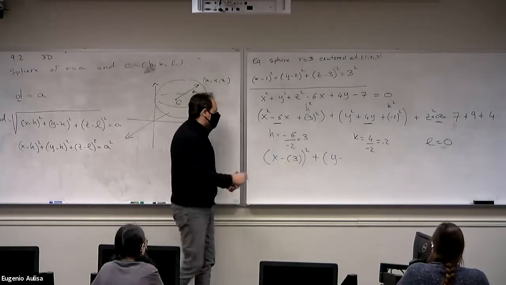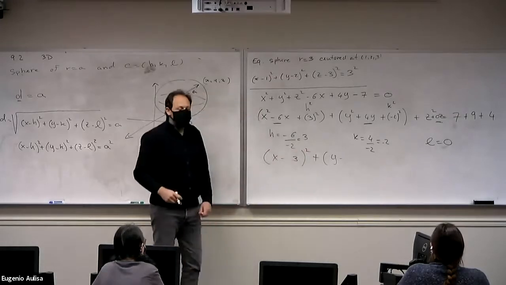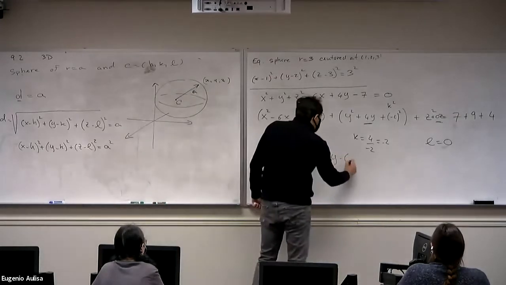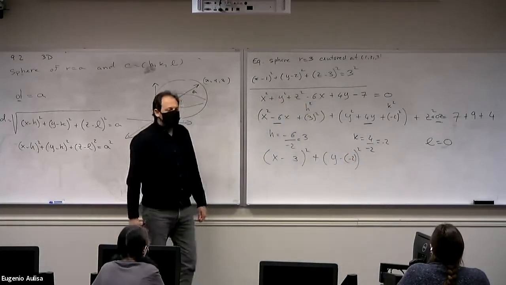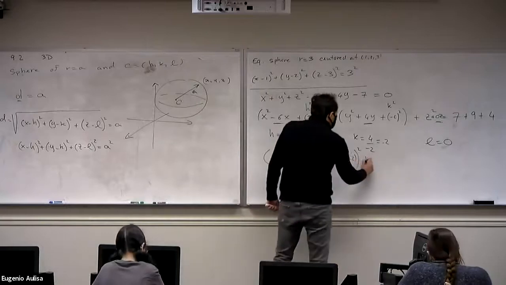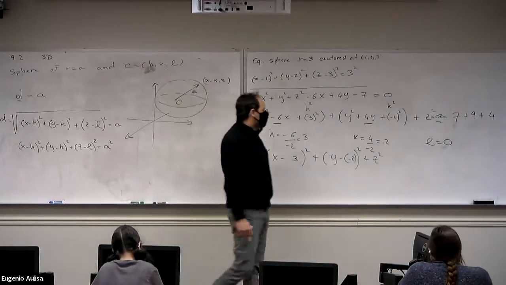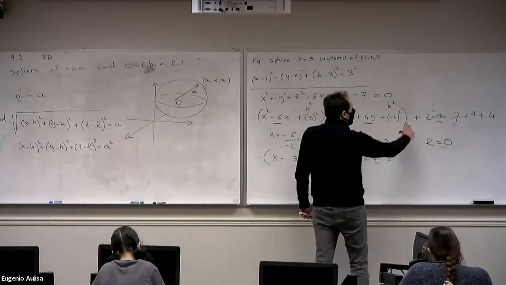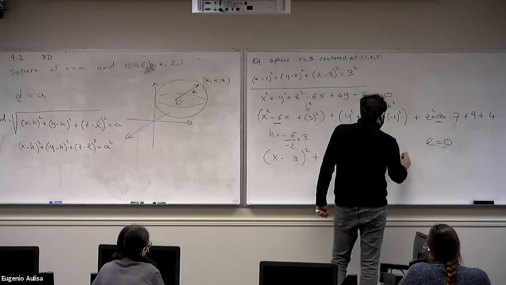So it's going to be (x − 3)² plus (y − k), (y − (−2))², plus (z − 0)², z squared, equals, what is that, 11, 18.